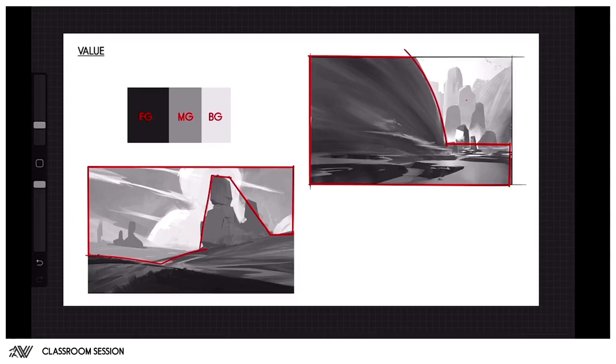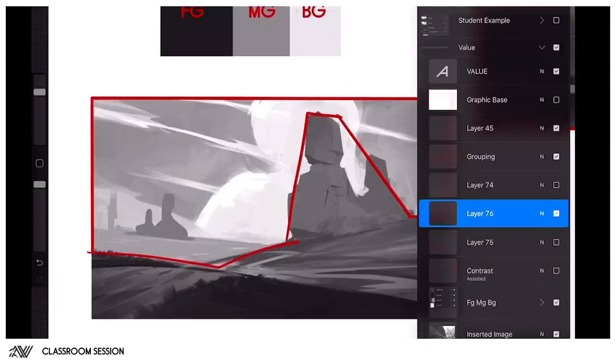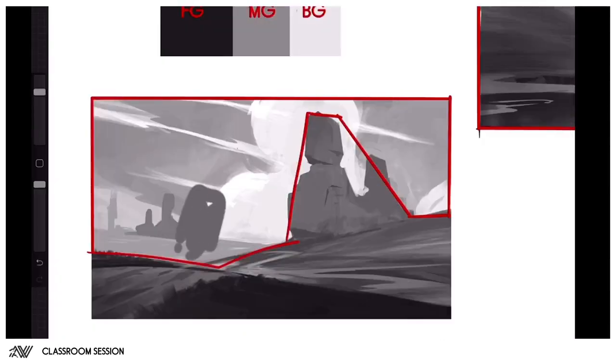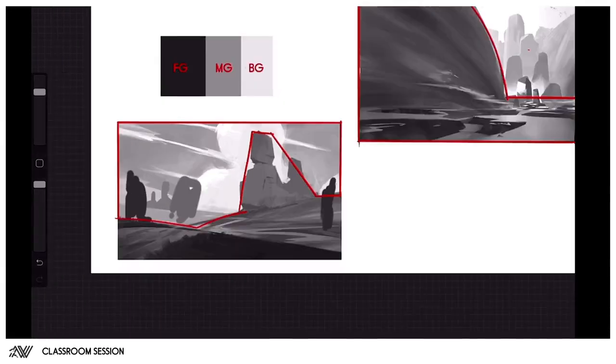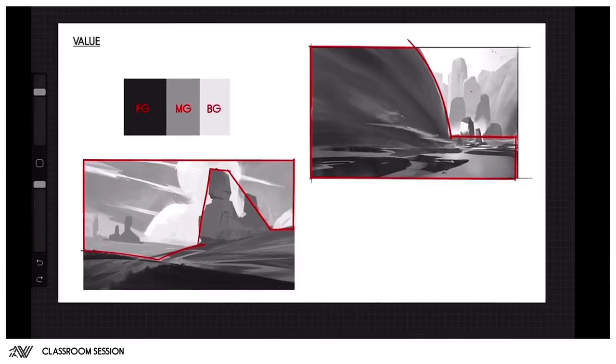Because if I were to put some dark values over here and some more dark values over here somewhere and maybe over here, things would get noisy too quickly. And it wouldn't have a sense of aesthetics that we are all looking for when we're designing environments. So value grouping is a really important thing. And one of the best designers at the moment, contemporary concept artists, when it comes to value grouping is John J. Park.